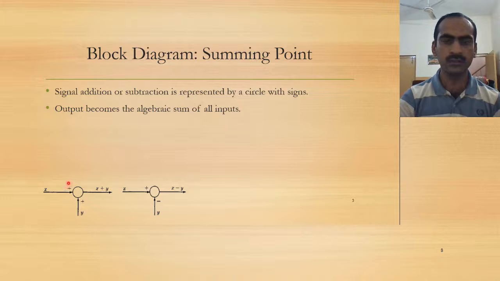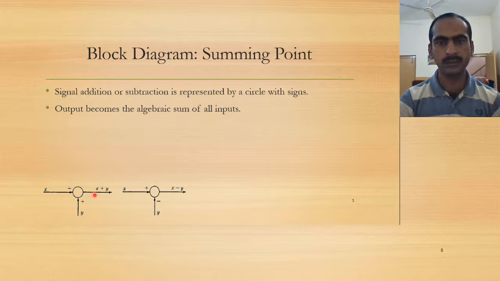The output of the summing point is the summation of the two input signals x and y. Similarly, if I had a summing point taking the difference of the two signals, saying x minus y, that is represented by showing y entering the junction with a negative sign.